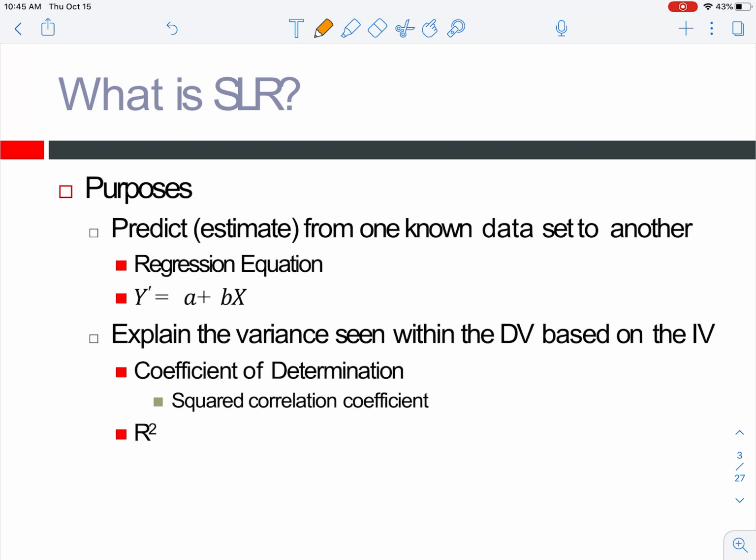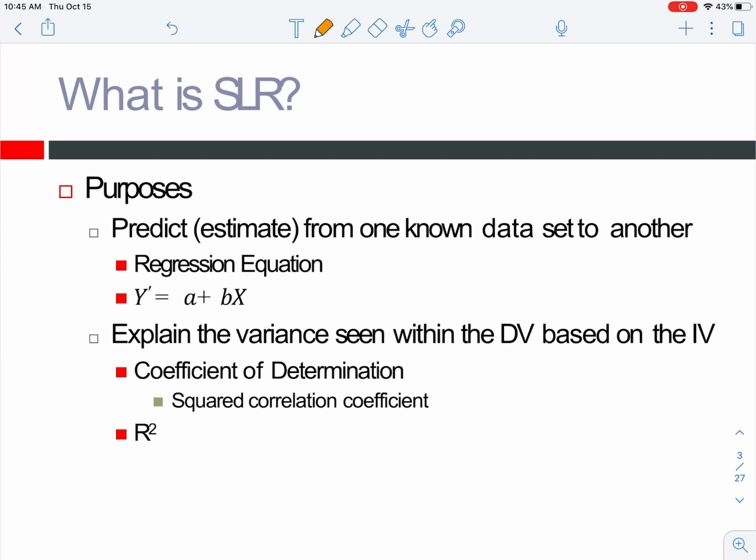So for the example of income versus education, we can, with simple linear regression and our regression equation, predict if we have our education data and our income data, and I have another set of data for income, I can predict for my new set of data my education level based on my old set of data, using my y prime equals a plus bx.